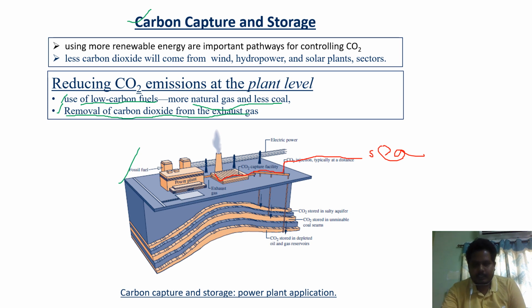The other technique is to send it underground and store it inside oil and gas reservoirs. So these are the different techniques to store carbon and also capture the carbon.